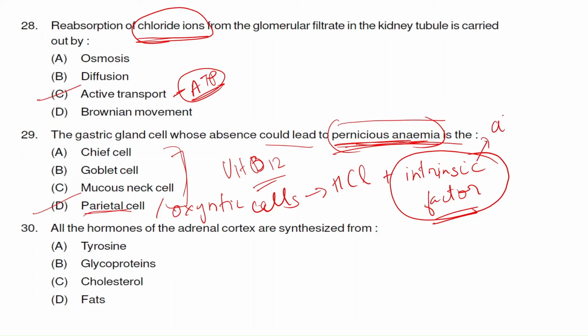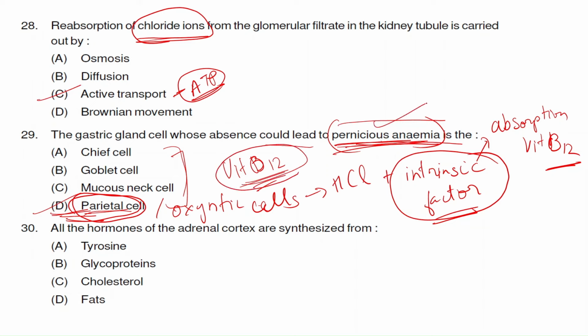Right. So if we don't have proper parietal cells, what will happen? We won't be able to absorb vitamin B12, and then the condition will be caused, that is pernicious anemia.